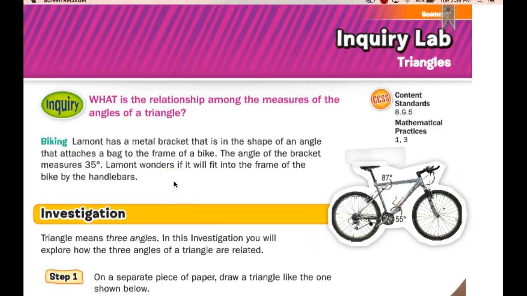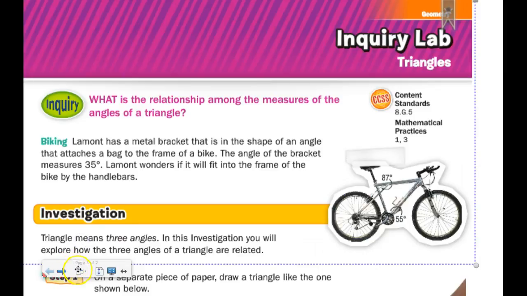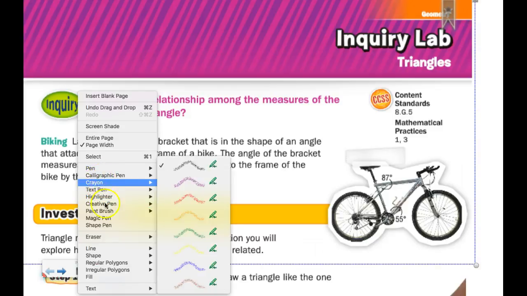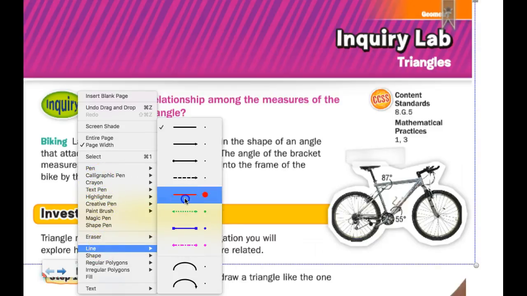Lamont has a metal bracket that is in the shape of an angle that attaches a bag to the frame of a bike. The angle of the bracket measures 35 degrees. Lamont wonders if it will fit into the frame of the bike by the handlebars. So in other words, if you're looking at this bicycle right here, the idea is that the frame of the bike kind of makes this triangle shape.